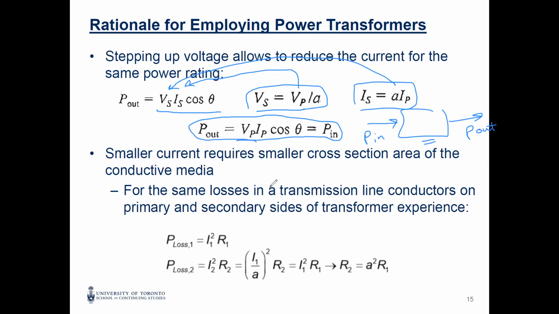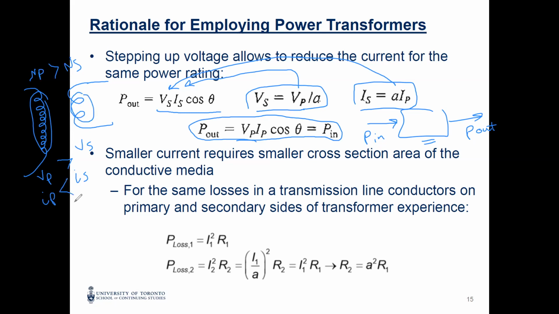Then we provided some hints here. For the transformer, let's say we have one winding with a high number of turns and one with a low number of turns. This is the voltage, primary and secondary, and the currents here are I primary and I secondary. You can see the number of turns here is higher, so I know that the voltage in the primary is much higher, because NP is greater than NS.